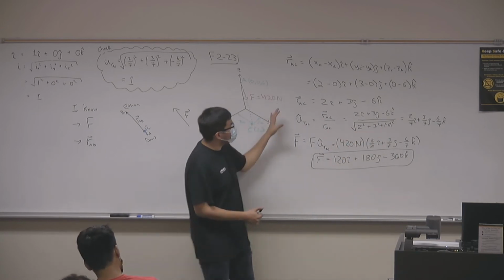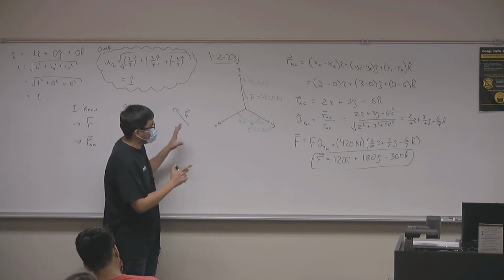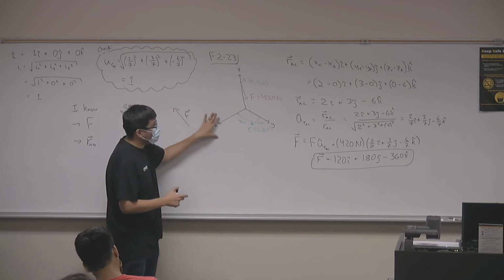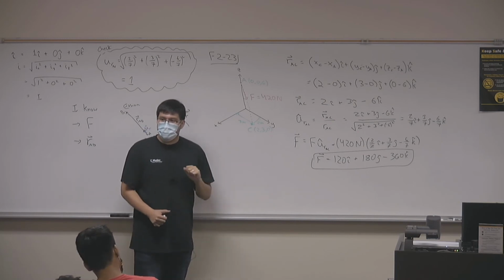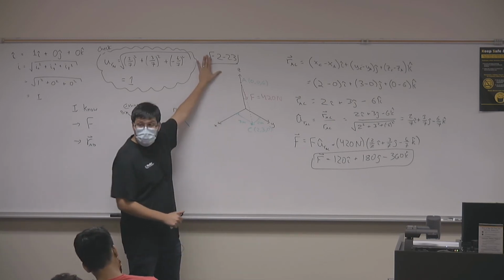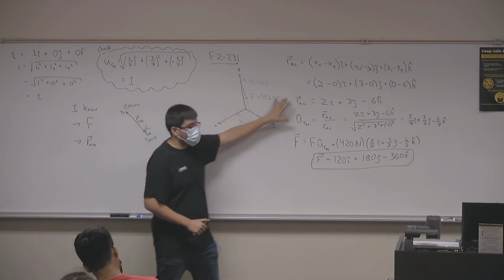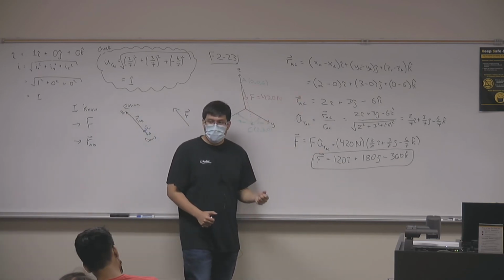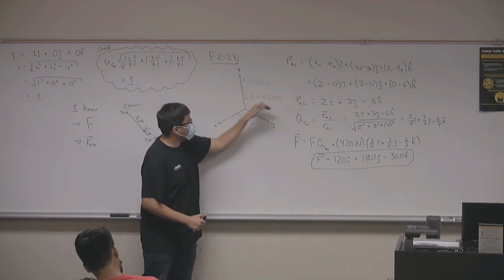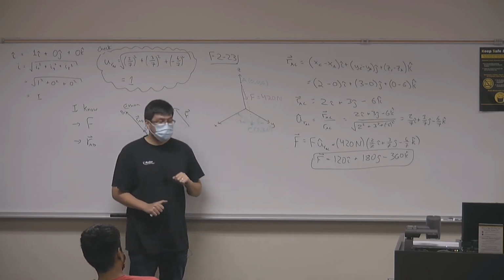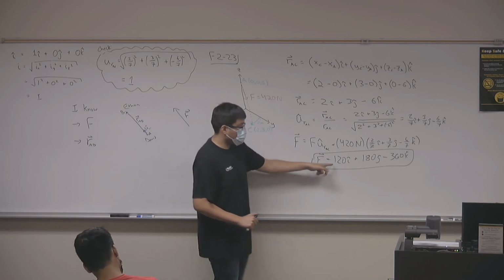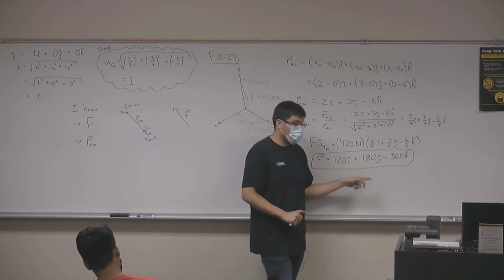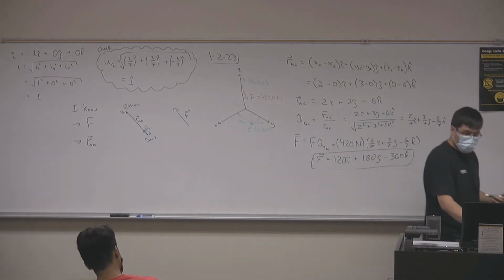I love this problem, because this is a fundamental problem where you can't really make a calculator error because you don't need a calculator to solve it. And that's why I like these fundamental problems: they're not testing you on your knowledge of how to use a calculator. They're testing you on your knowledge of how to actually apply the material. So my Cartesian notation for this vector is 120i plus 180j minus 360k.